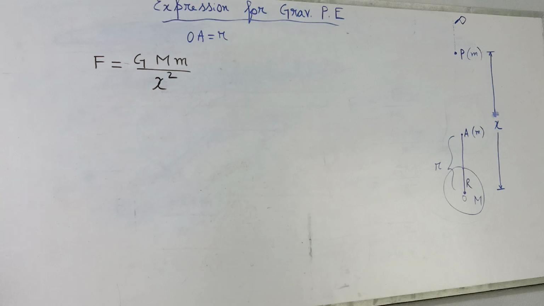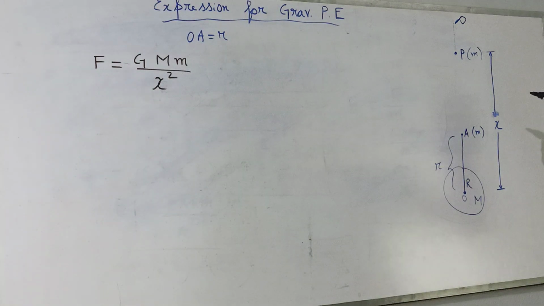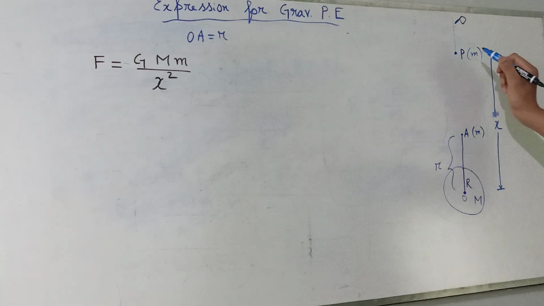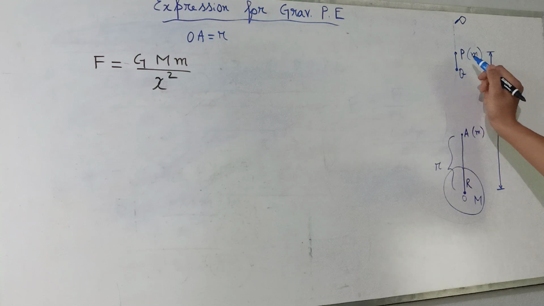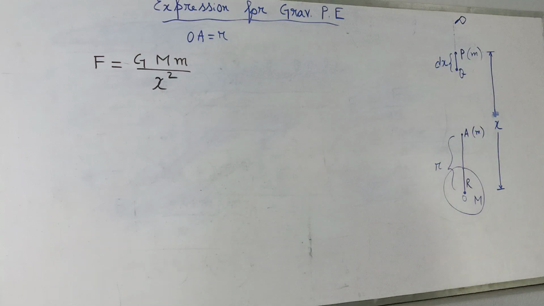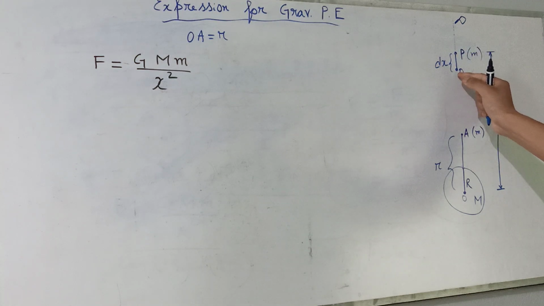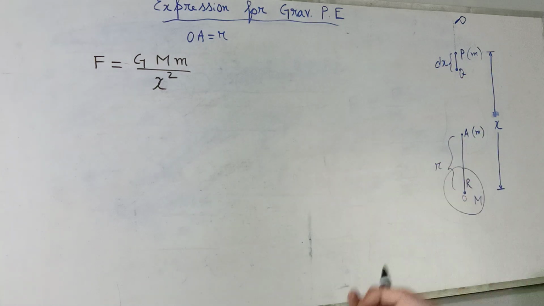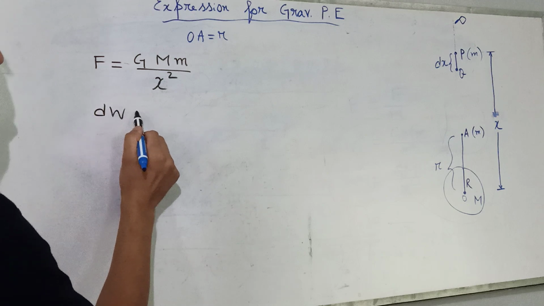Then the small work done in bringing the body from this point P to another point Q through a small distance dx will be given by small work done dw.